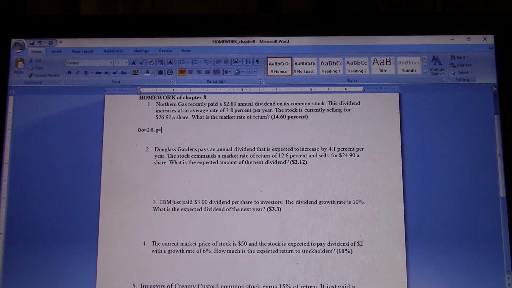This is the growth rate, G, 3.8%. And the stock is currently selling for $26.91. This is the stock price P0, $26.91. The question is asking how much is the stock return.